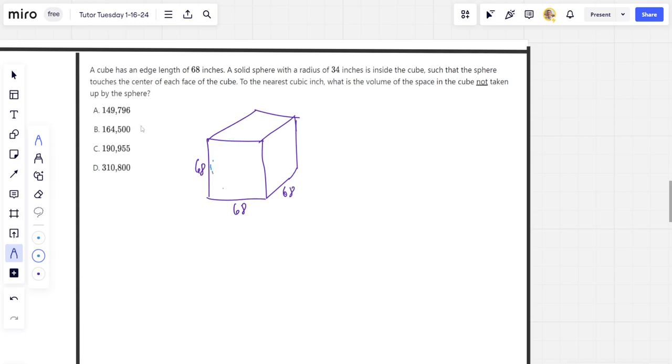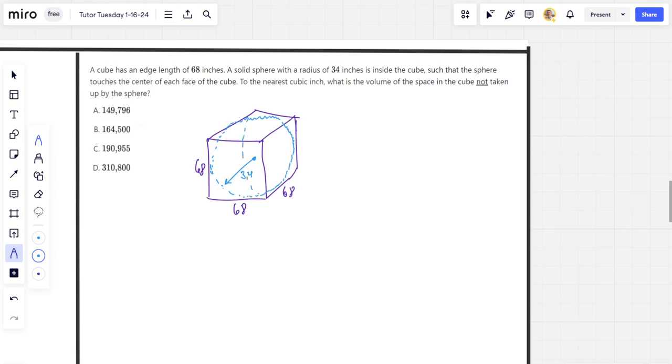So the sphere, oh, I don't know if I can draw that real well. But the sphere is inside here. It has a radius of 34 inches, such that the sphere touches the center of each face of the cube.